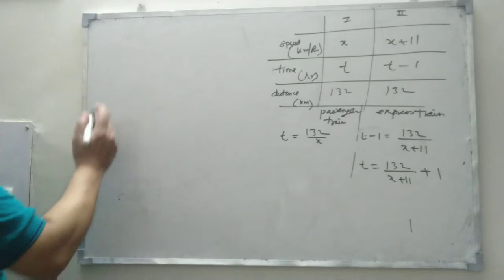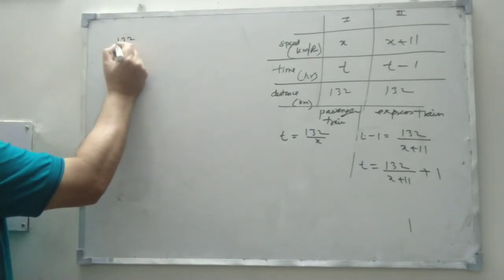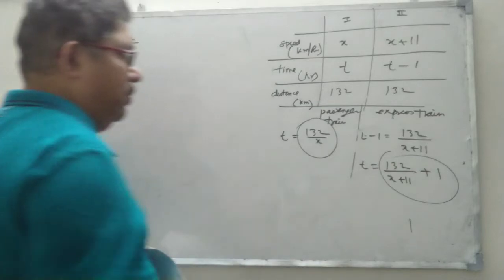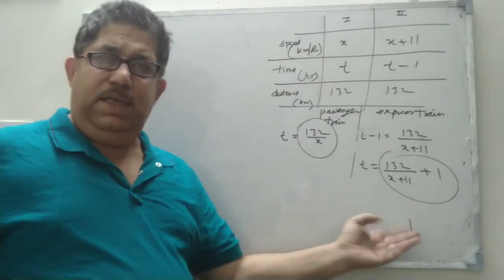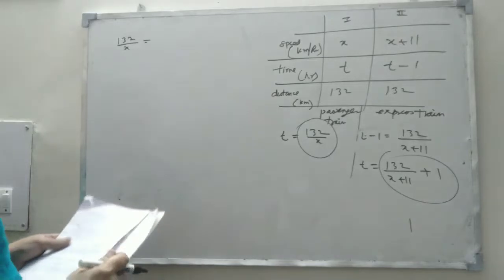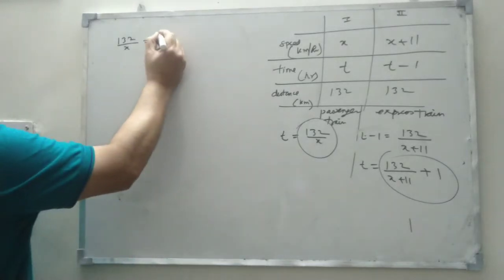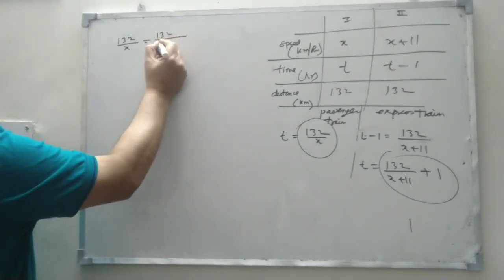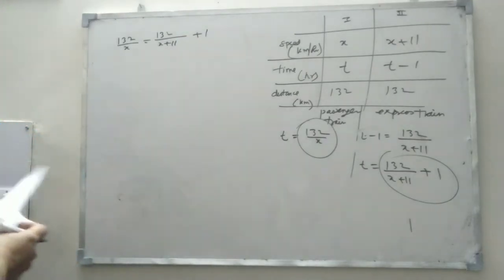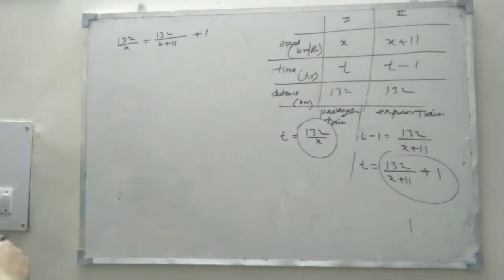So this is the value of t and this is also the value of t. Both of them are equal to each other. 132 upon x equal to 132 upon x plus 11, plus 1. So we get our equation like this.